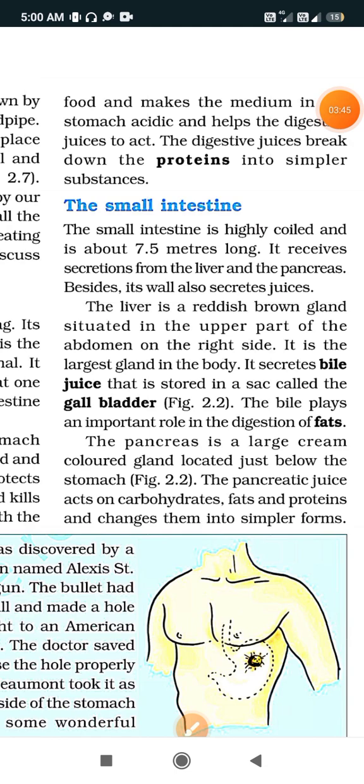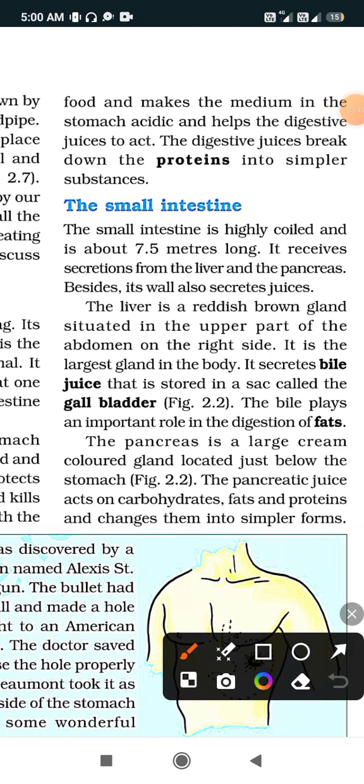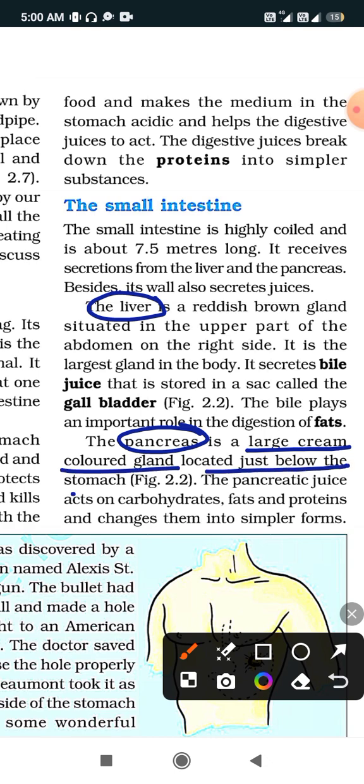Now see, two glands are associated with the small intestine. First one was the liver and second one was the pancreas. So the pancreas is a large cream-colored gland. Okay, it is located below the stomach. The liver is located at the upper part of the abdomen on the right side, and the pancreas is located below the stomach.